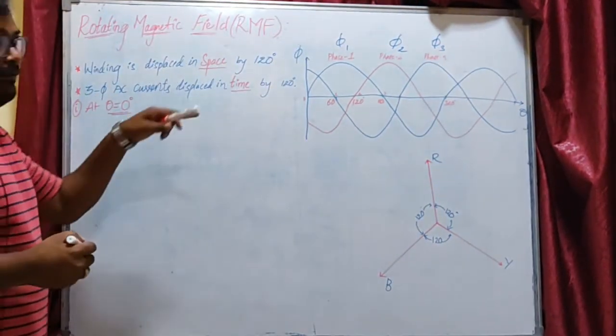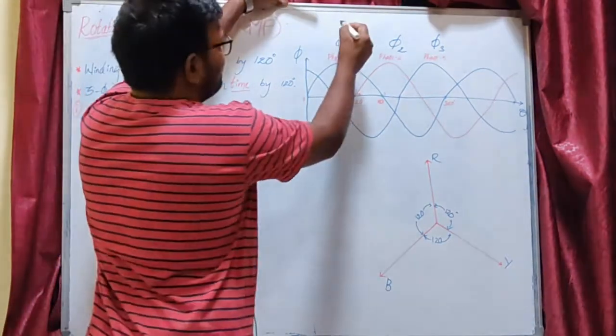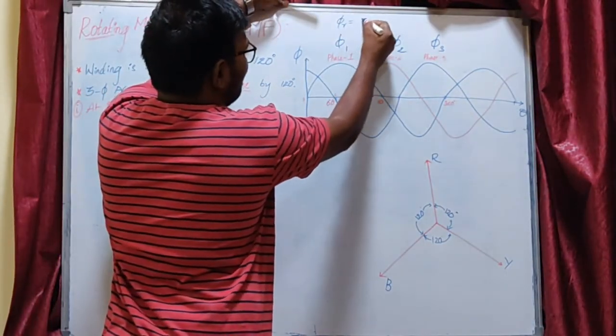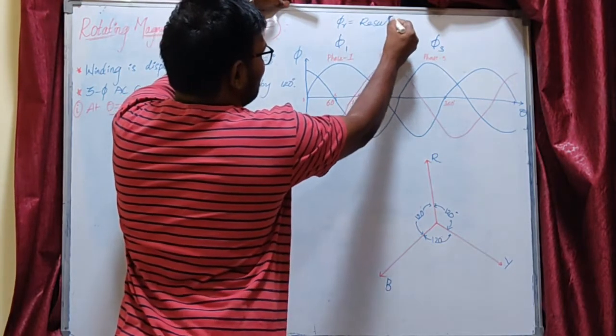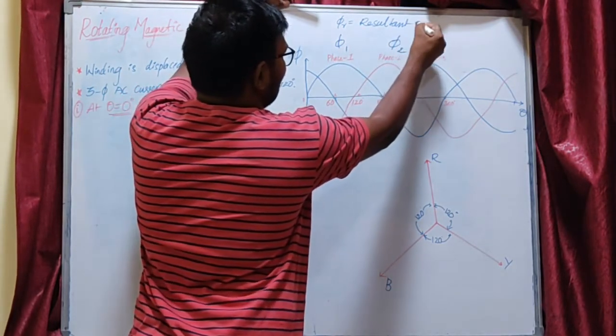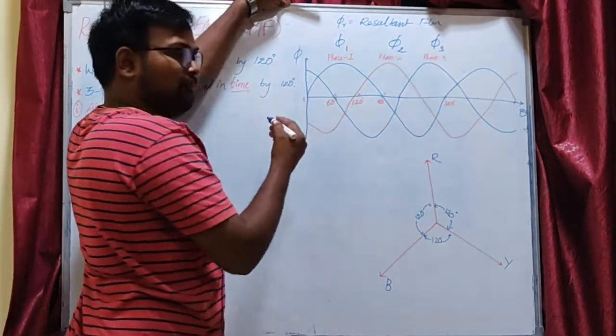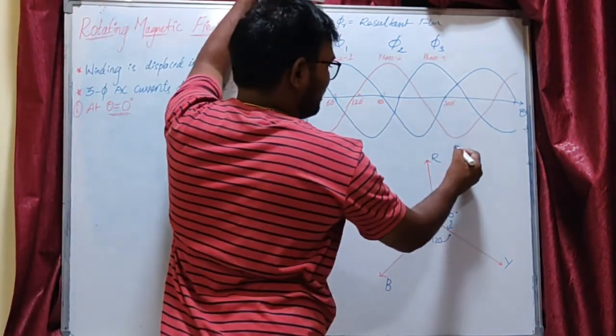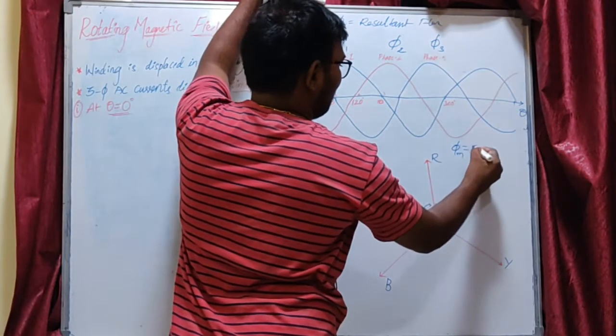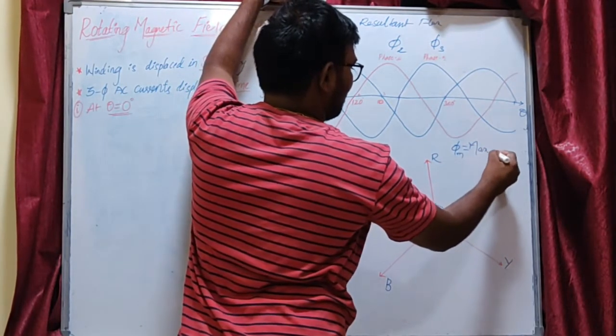And we will have one resultant flux at every instant, that I am going to represent as phi r, the resultant flux, and another flux, the maximum flux, which I am going to represent as phi m.